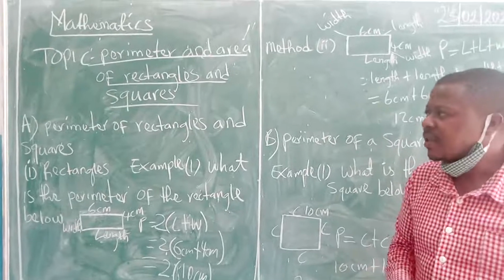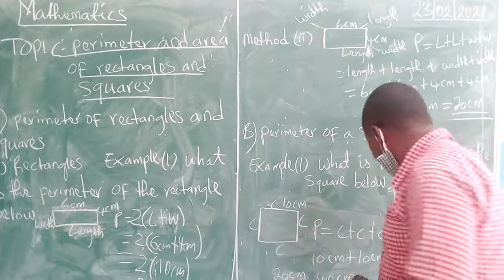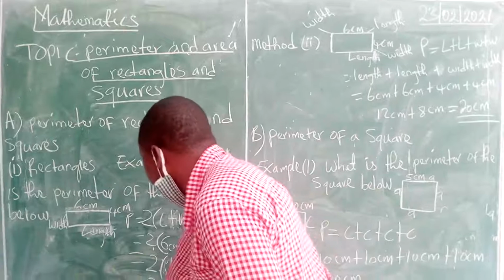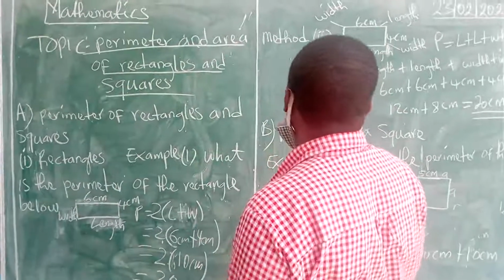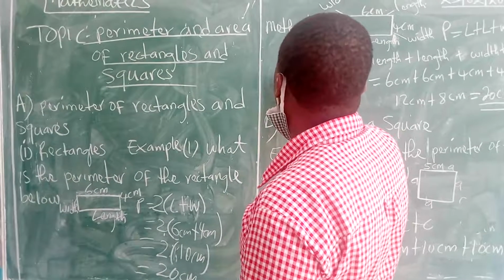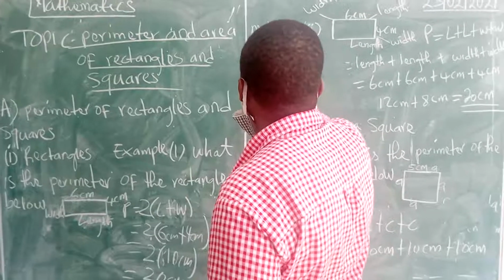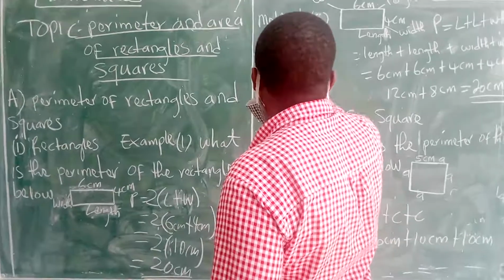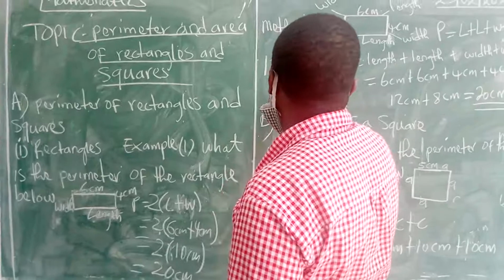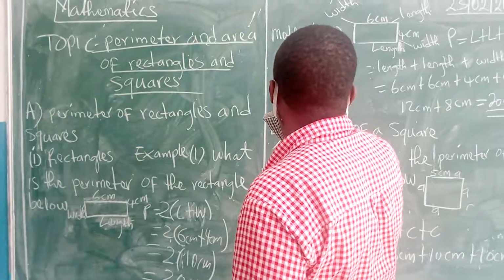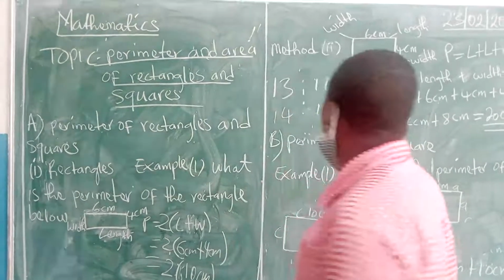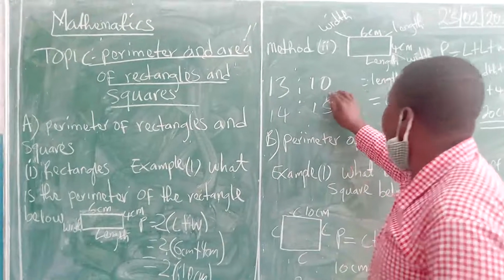For instance, let us consider Samuela's birthday party, which started at 13:10 and ended at 14:15. What length of time did it take from the start of Samuela's party to the end?